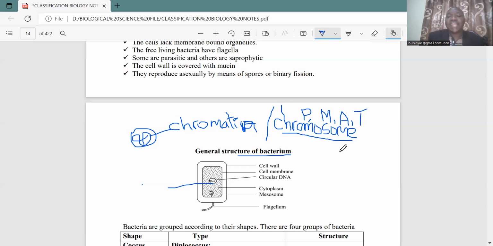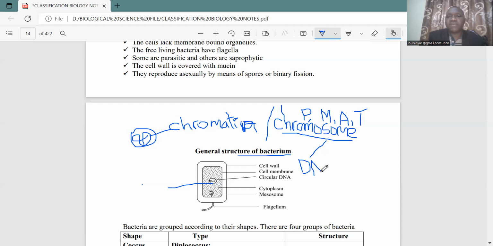And when I was beginning, I told you that there are thousands of genes in organisms. In humans, you find thousands of genes, but each gene has a characteristic that it controls, that it determines. So all those thousands of genes, you will find them in a structure known as DNA that is found in a chromosome. So a chromosome is made up of two major components.